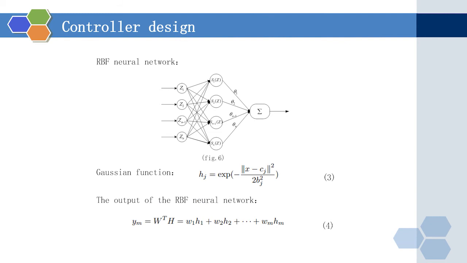It has three layers, namely the input layer, the hidden layer, and the output layer. It uses the Gaussian function as the activation function of the RBF neural network. The output of the RBF neural network is shown. W is the weight of the RBF neural network.